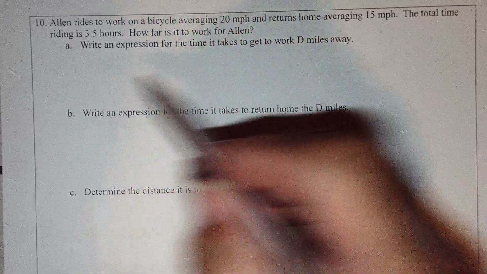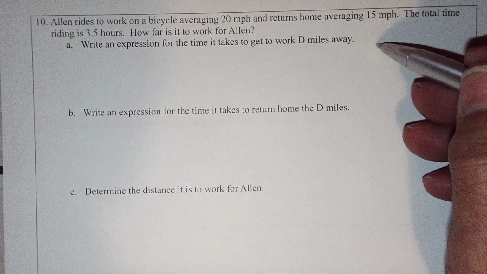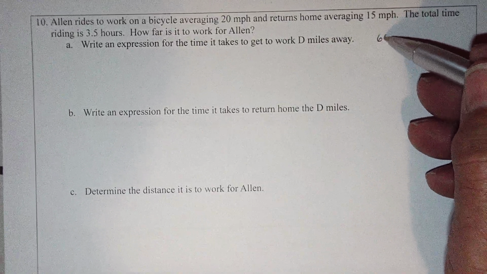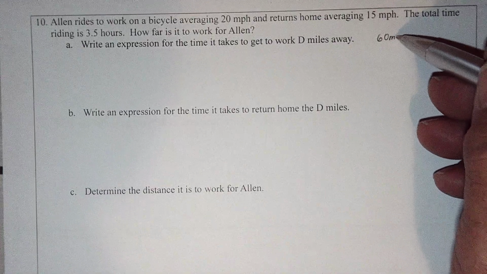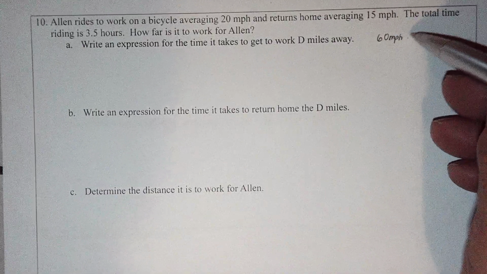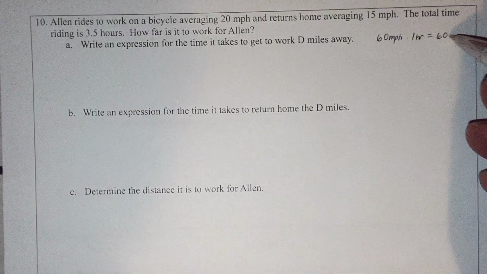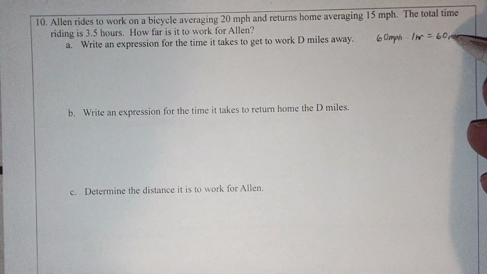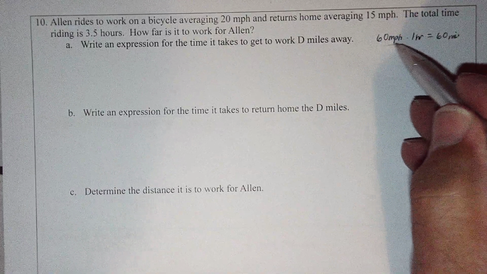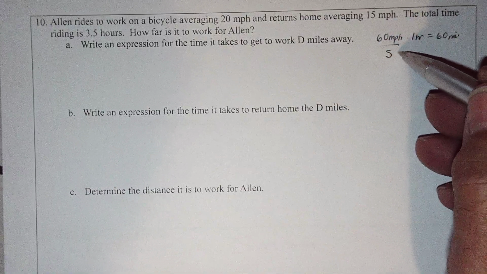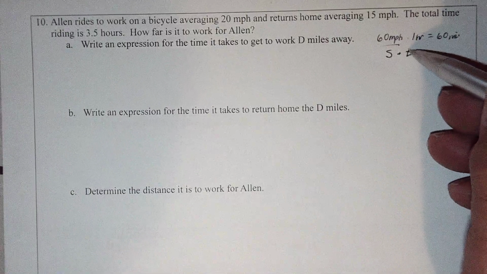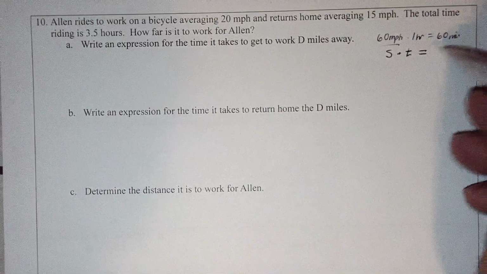So we talked before, like if somebody drove 60 miles per hour for 1 hour, he goes 60 miles. So this is how fast, the speed, times how much time gives you the distance.